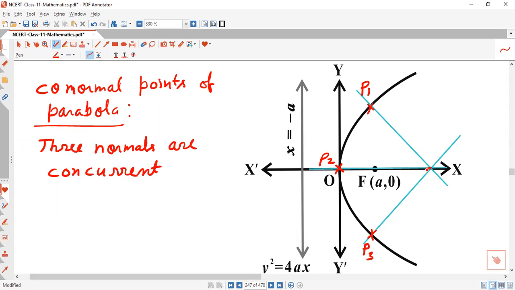You see that this point is common to all these three normals.